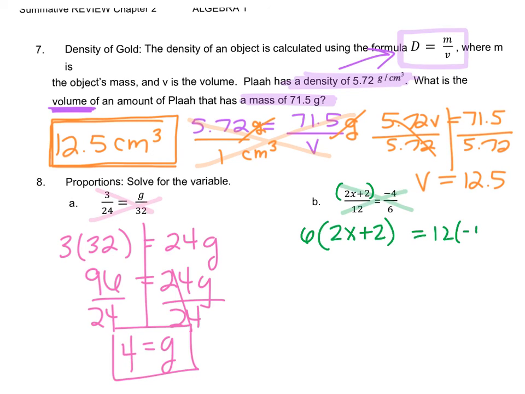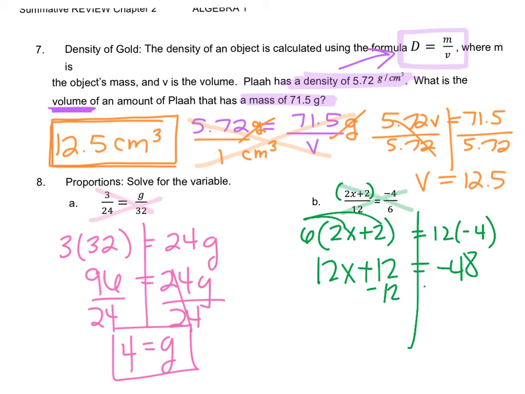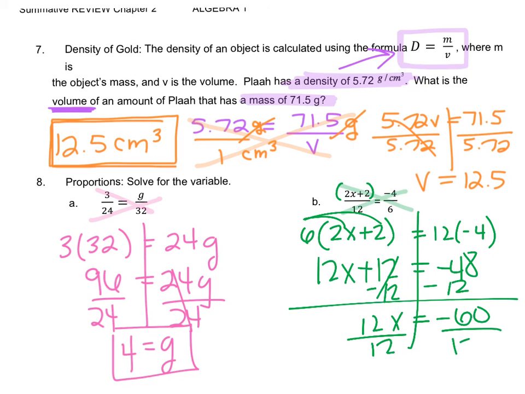Equals 12 times negative 4. Distribute. We have 12x plus 12 equals negative 48. I'm going to subtract 12. 12x equals negative 60. When I divide by 12, I end up with x equals negative 5 for my answer.